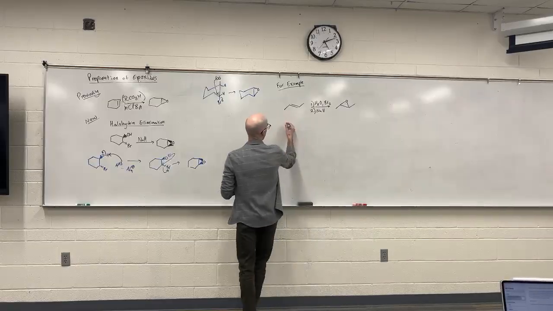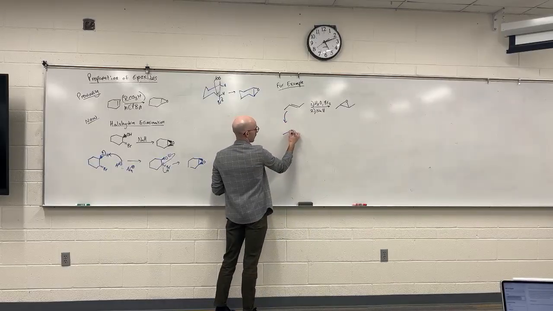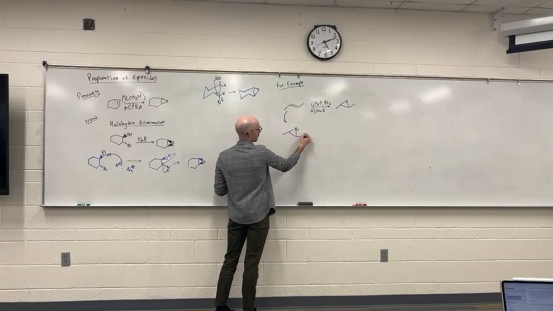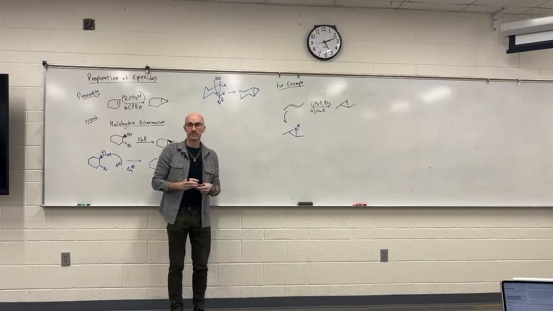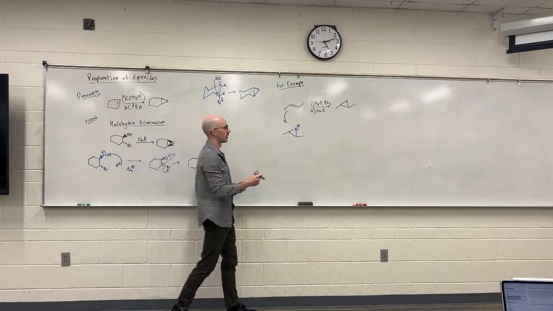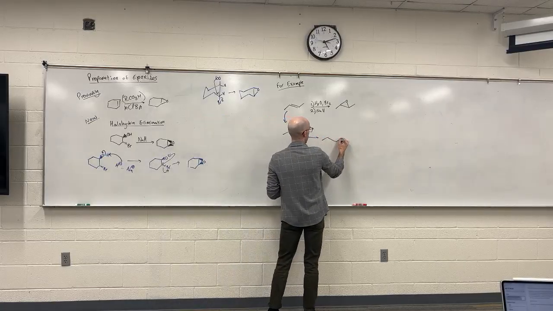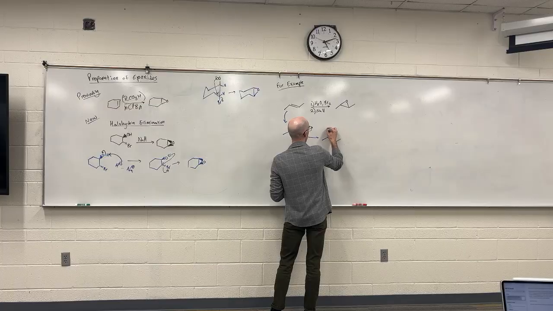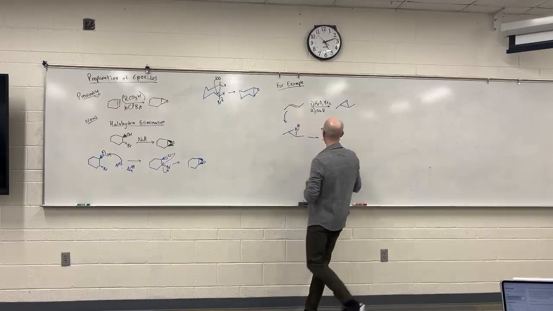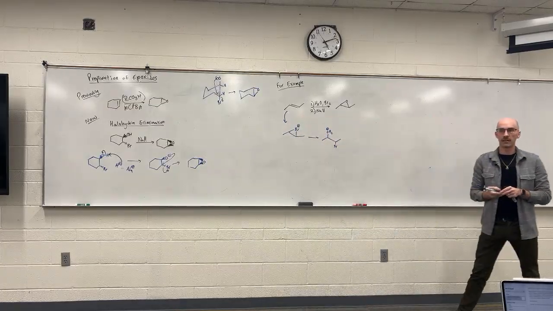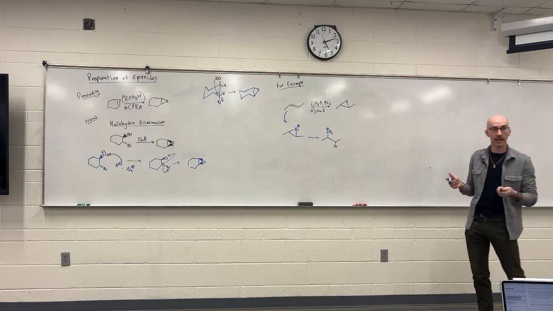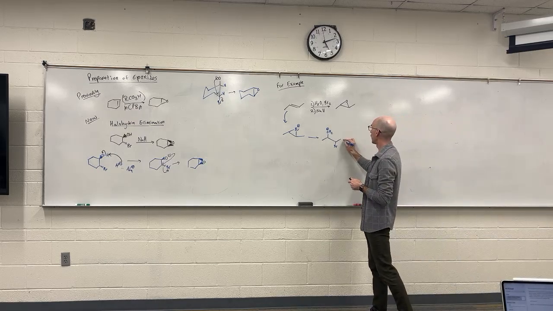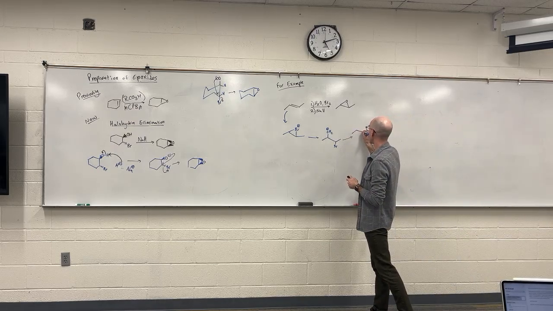First, the intermediate we get is the halonium ring intermediate. That's reactive to the water. Then we get a protonated halohydrin addition product. That's reactive to whatever basic conjugate base I have.